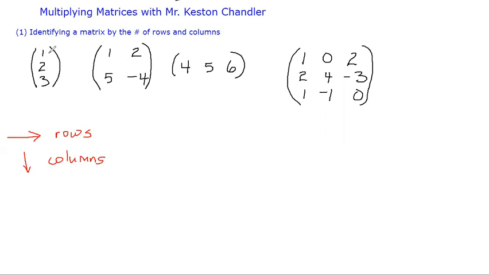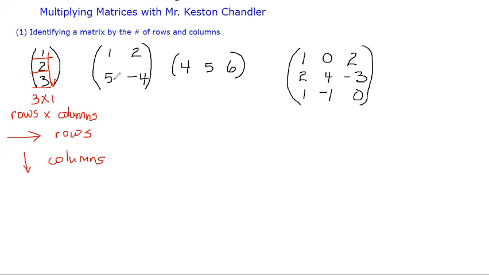I have one horizontal row here and one vertical column, and I have one, two, three rows. Now, the convention for writing the order of the matrix is the number of rows, followed by the number of columns. So that would mean that this particular matrix is made up of three rows and one column.